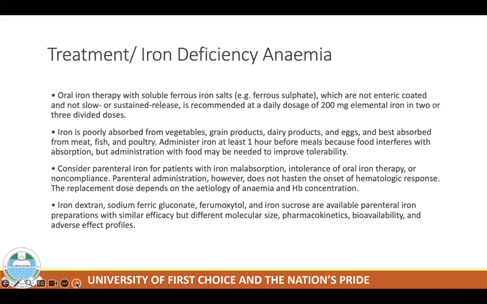Now, because of how common iron deficiency anemia is in sub-Saharan Africa, we have come to the point where whatever medicine you're using to treat one type of anemia has some features of other kinds of anemias and treats them alongside.